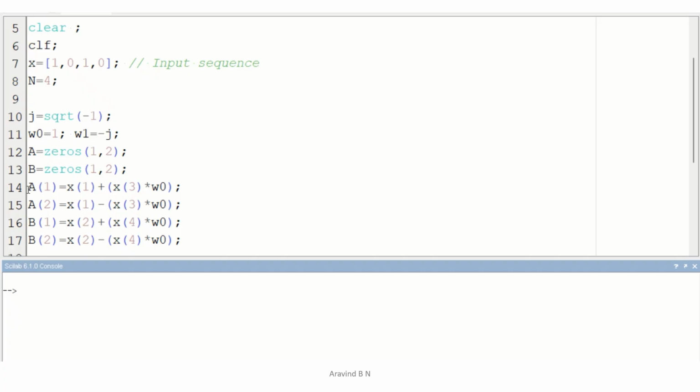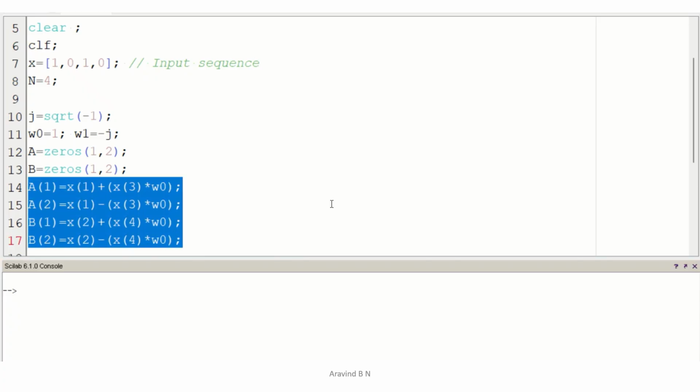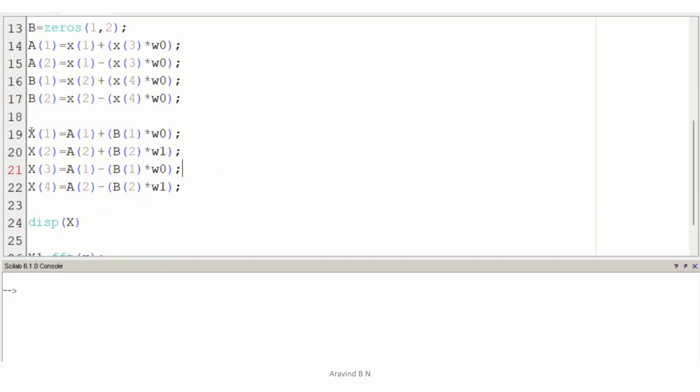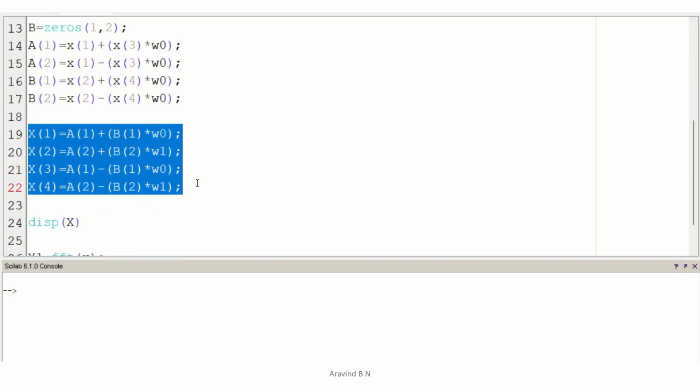These four statements belong to the first stage of calculation. This will be continued for the second stage, and these four statements correspond to the second stage of calculation.